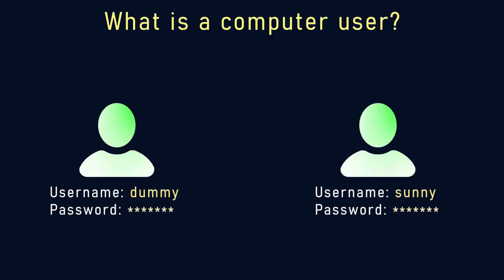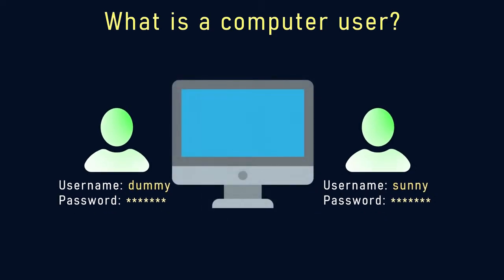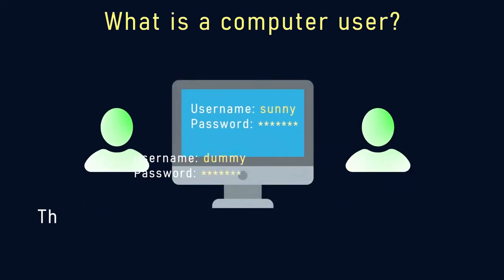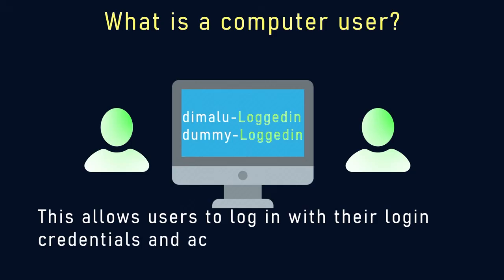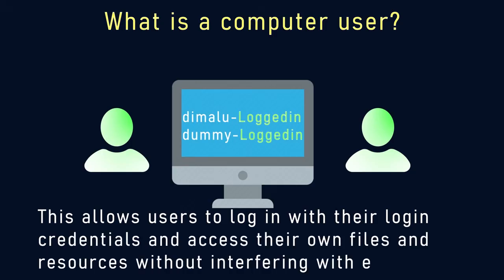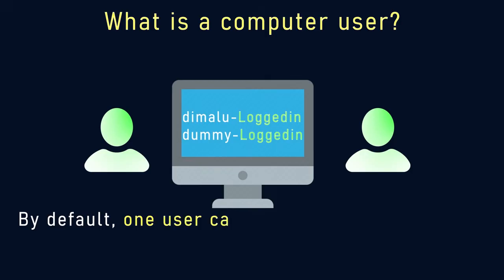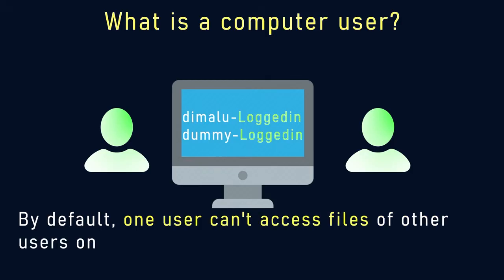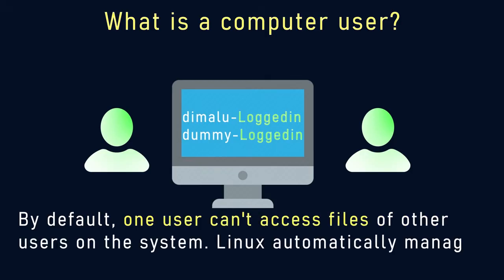This allows users to log in with their login credentials and access their own files and resources without interfering with each other. Remember, each user in a multi-user operating system has their own files. By default, one user can't access files of other users on the system.